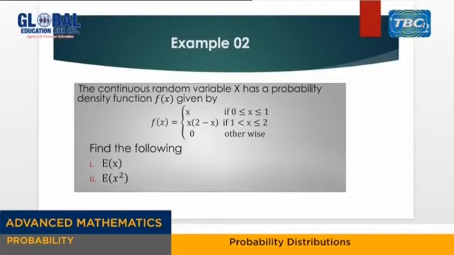This one is called the probability density function. Under this kind of question, you may be asked to find the expectation of variable x and the expectation of the square of the variable x. But how do we do such kind of question? So let's go together until the end of the session, my dear student.